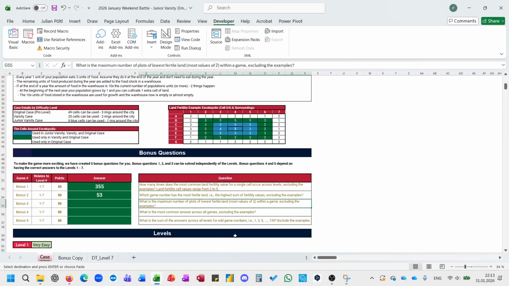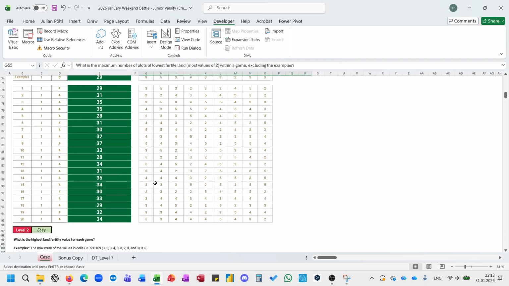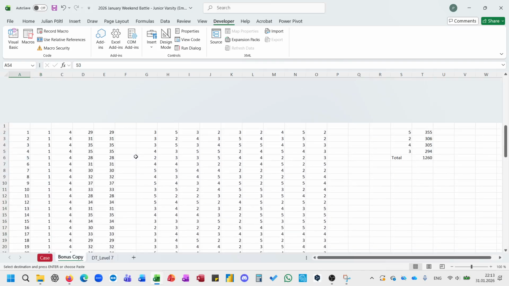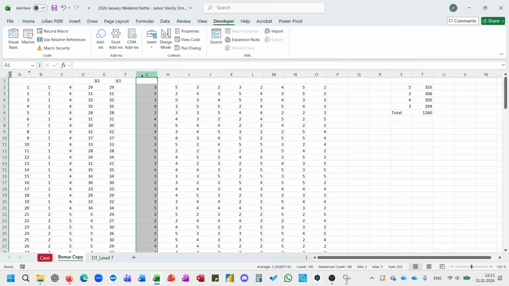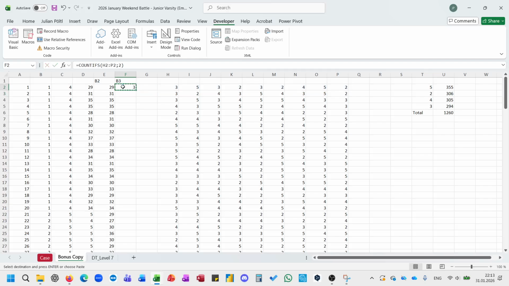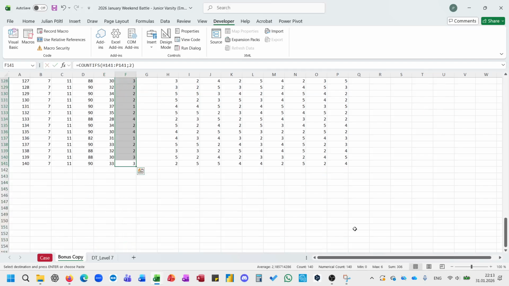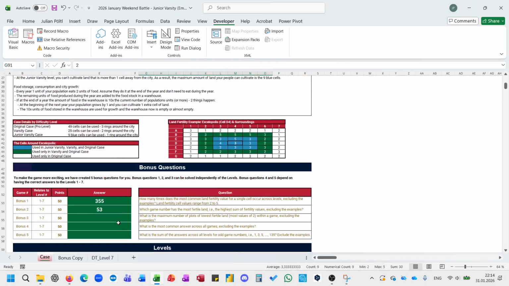What is the maximum number of plots of lowest fertile land within a game? Maximum number of twos occurring. There we use COUNTIFS 2. Maximum number is 6. I think the number is asked, right?